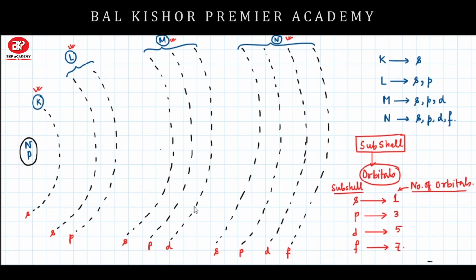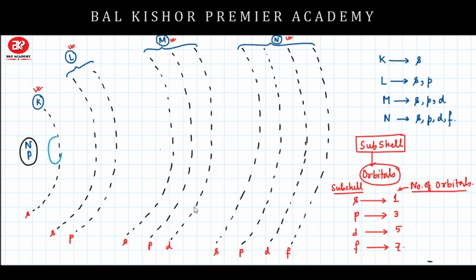So let us denote the orbital. I am denoting the orbital in this way. The K energy level contains one subcell, that is S, and S contains one orbital, which I am denoting like this.